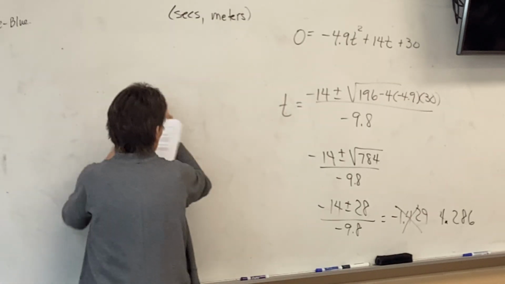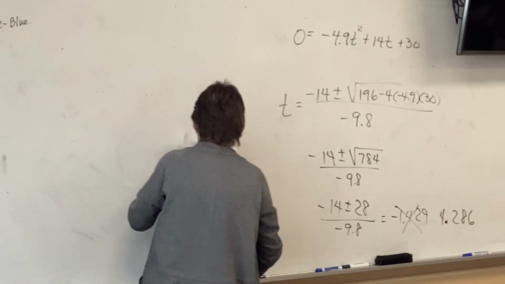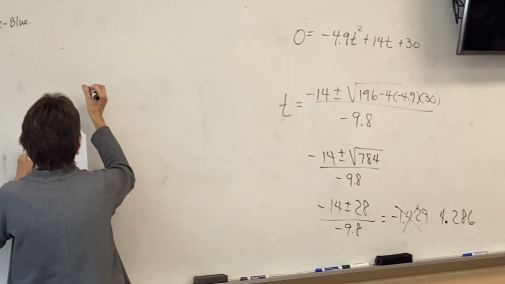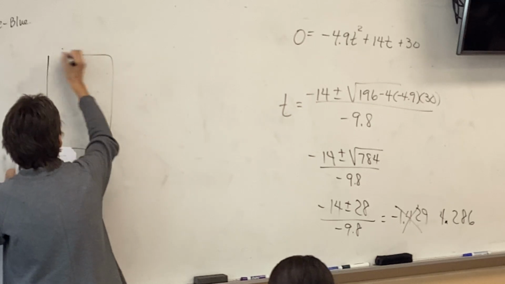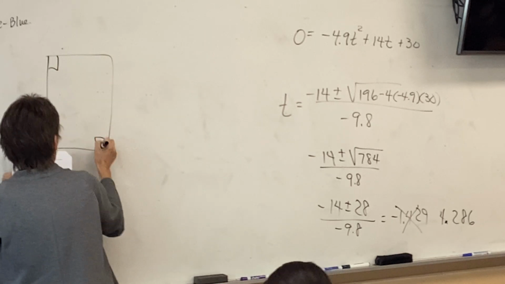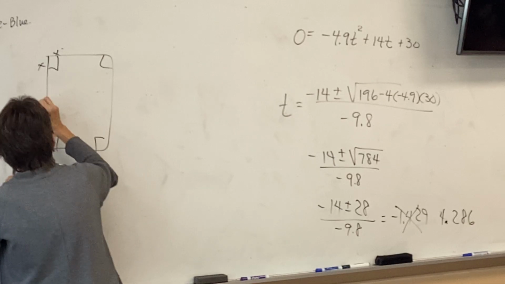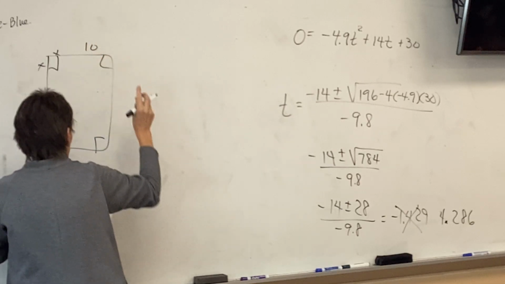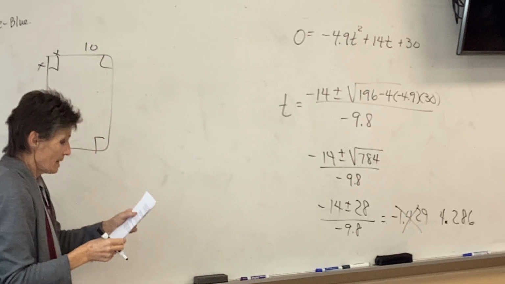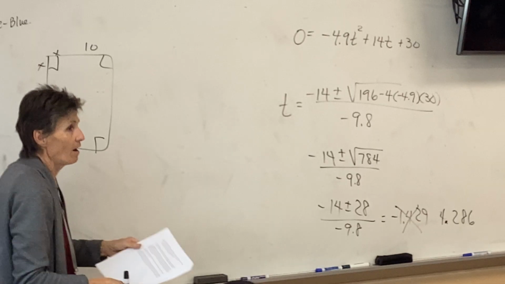This one because of the arithmetic, and this one because that's the way we have to do it. So we have a piece of paper that is 10 by 14. We're going to cut out corners, and we want to find the maximum volume.